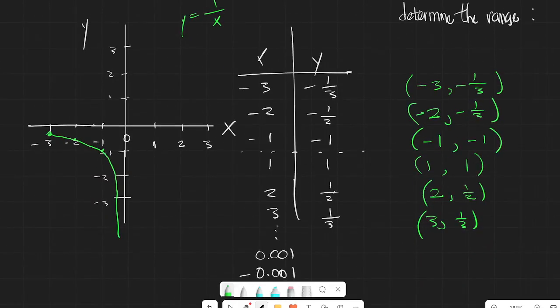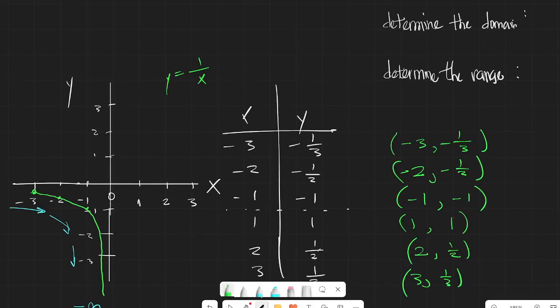So as you approach from the left, we end up going to this, negative infinity. And then similarly, it goes like that. And then as we come from the right, we shoot up towards this positive infinity value.